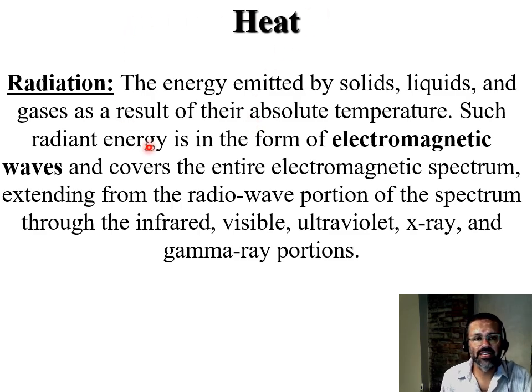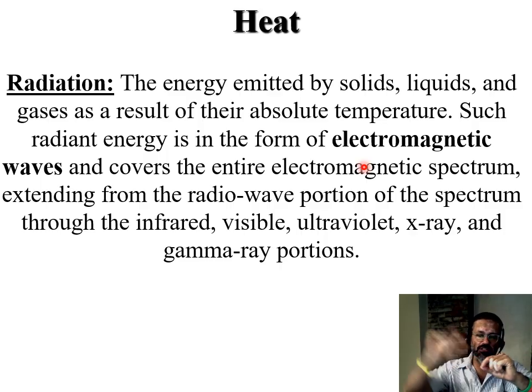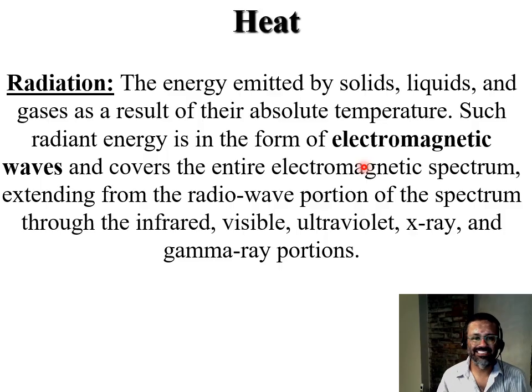So this radiant energy is in the form of electromagnetic waves, right? So every time the electron is going up and losing that energy and then coming back, this covers the entire electromagnetic spectrum, extending from the radio wave portion of the spectrum through the infrared, the visible, ultraviolet, X-ray, and the gamma ray portions.